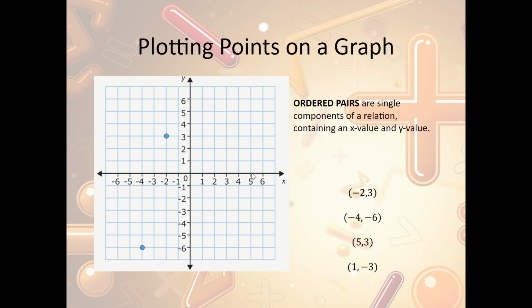And y is 3, so I'm going to find 3, which is right there. And there's that point. And lastly, I have (1, -3). So x is 1, so I'm going to find 1 on the x-axis, which is here, and -3 on the y-axis, which is here. And I plot that point, and now I have plotted all 4 of these ordered pairs.